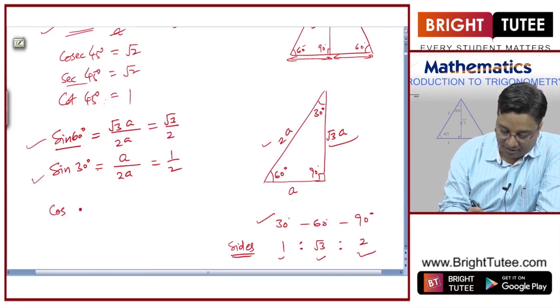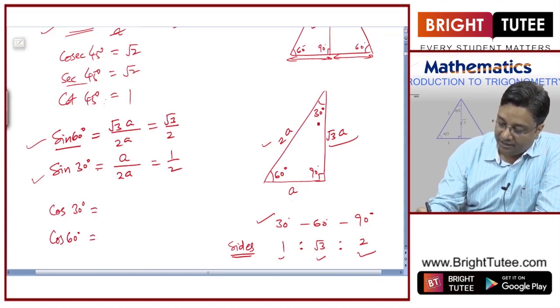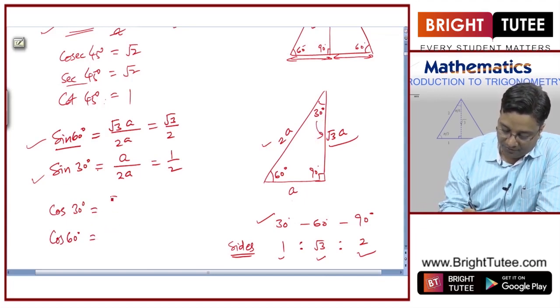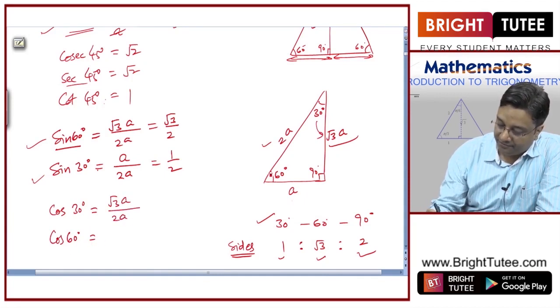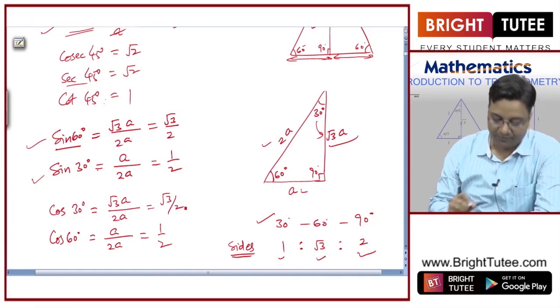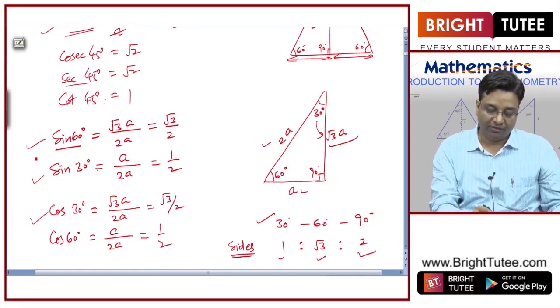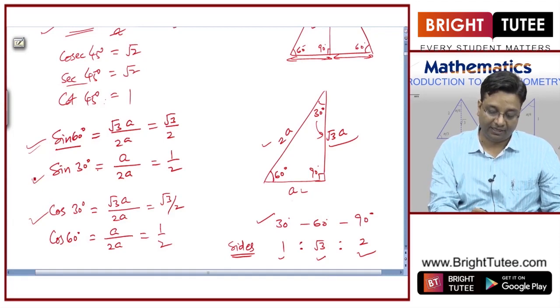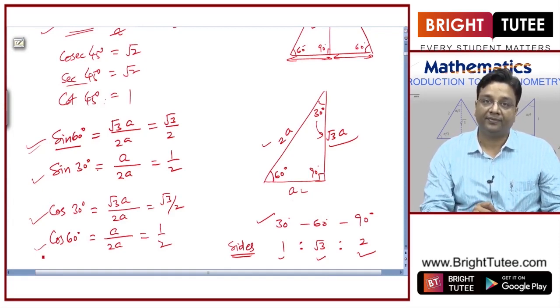Similarly, I can take cos 30, cos 60. What will be cos 30? Adjacent upon hypotenuse. What will be cos 60? Adjacent upon hypotenuse. Right. So cos 30 is equal to sine 60 and sine 30 is equal to cos 60, right.